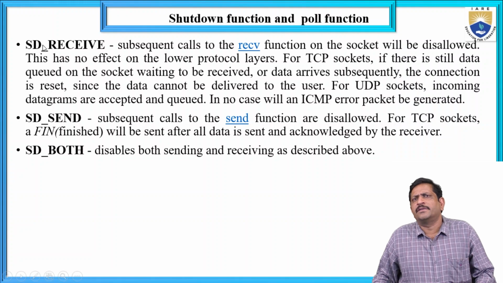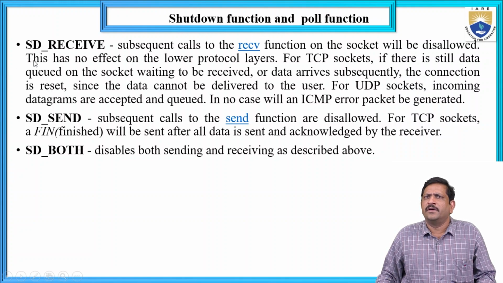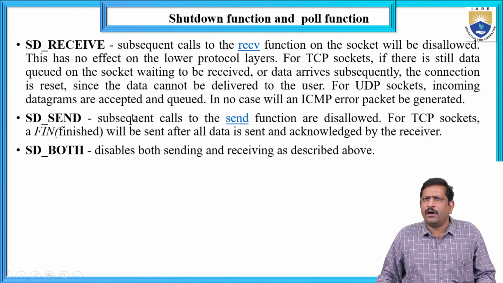This has no effect on the lower-level protocol for the Transmission Control Protocol. So if there is still data queued on the socket waiting to be received, or data arrives subsequently, the connection is reset, since the data cannot be delivered to the user.